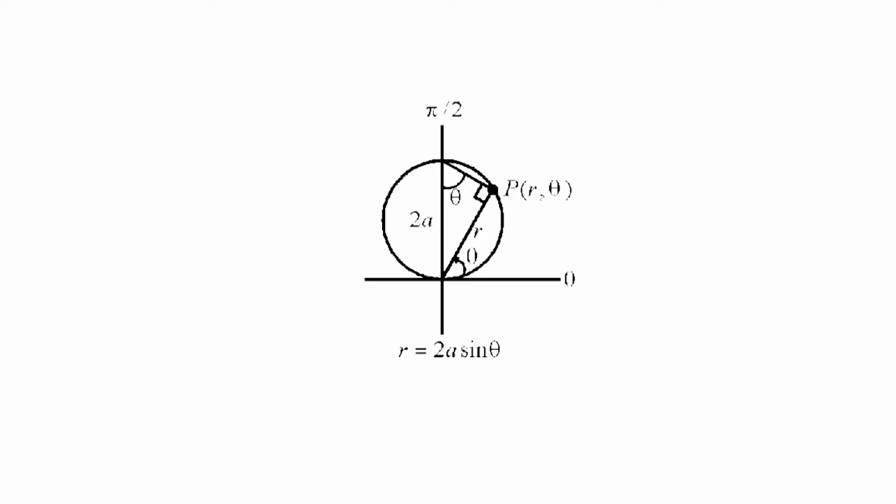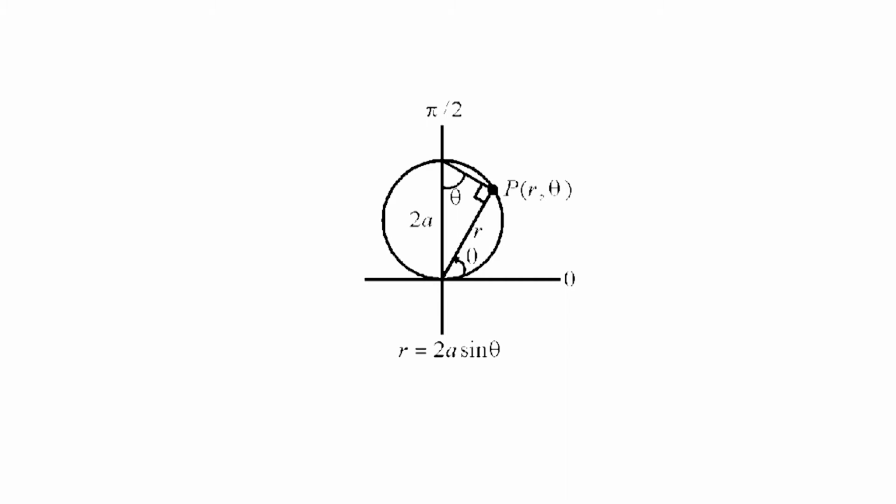As another example, we plot the curve r equals 2a sin theta, where a is a positive constant. As in the previous example, from plane geometry, a triangle that is inscribed in a circle with a diameter of the circle for a side must be a right angle.